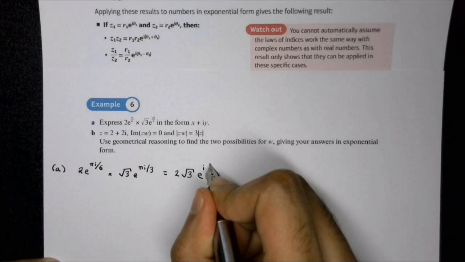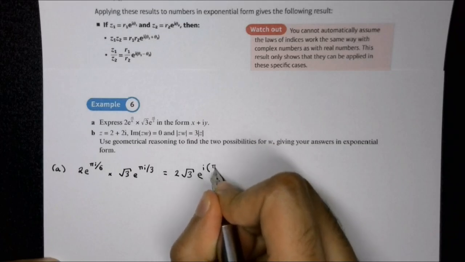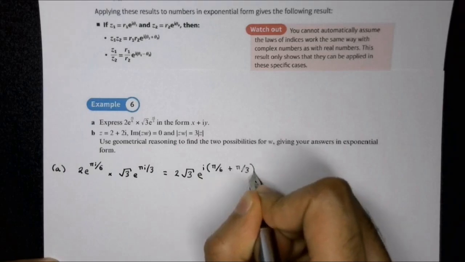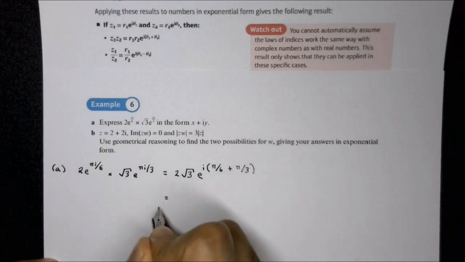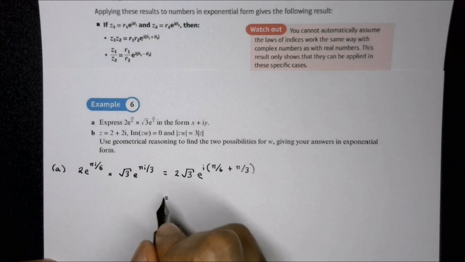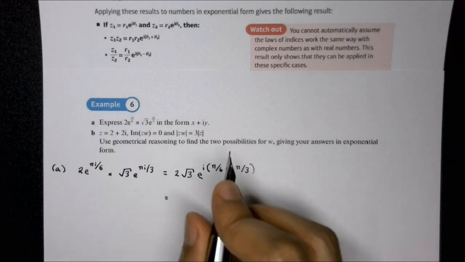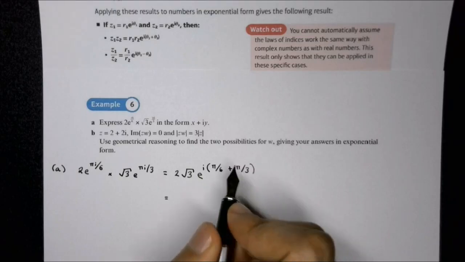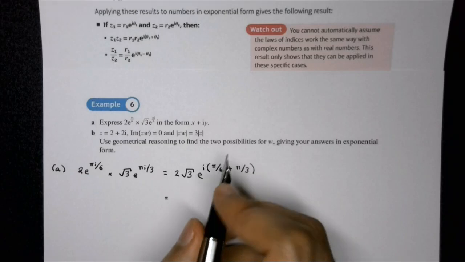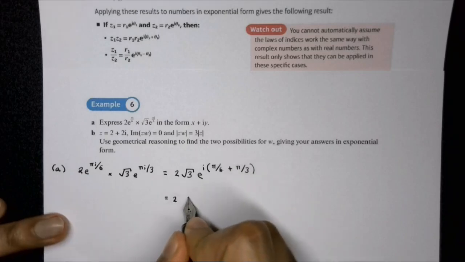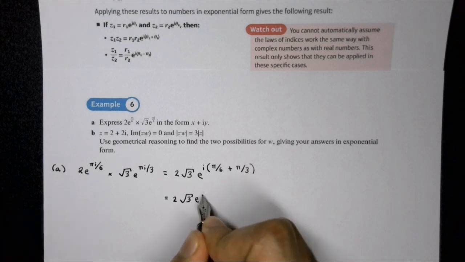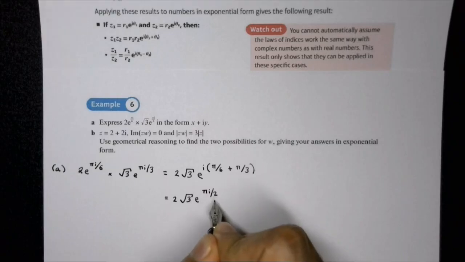So we have i lots of pi over 6 plus pi over 3. So if we tidy this up, pi over 6 plus pi over 3 is pi over 2. So we end up with 2 root 3 e to the power of pi i over 2.